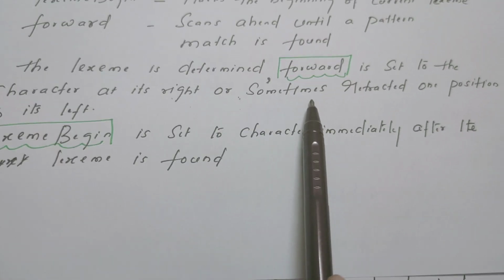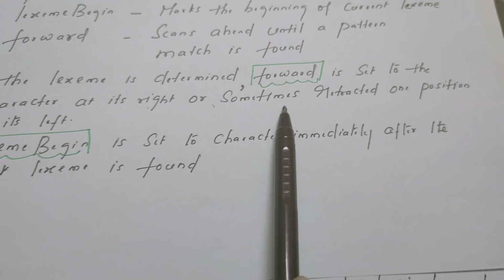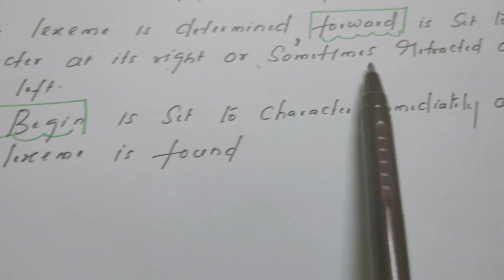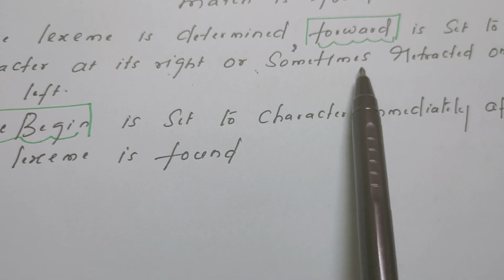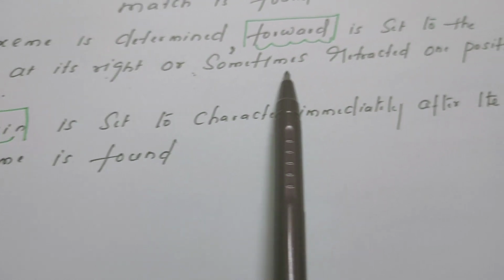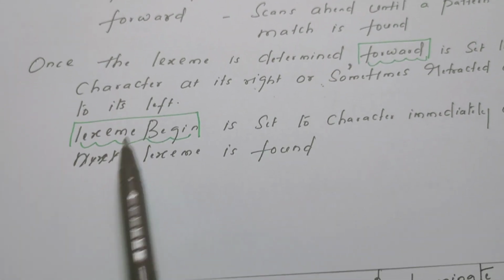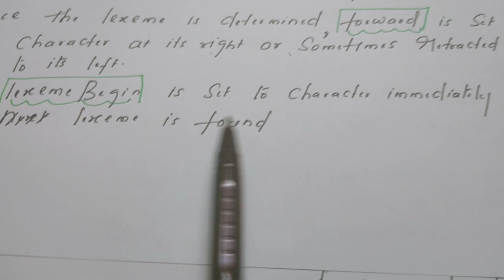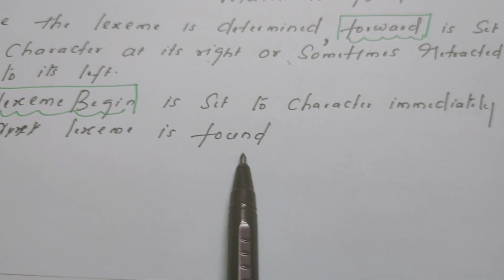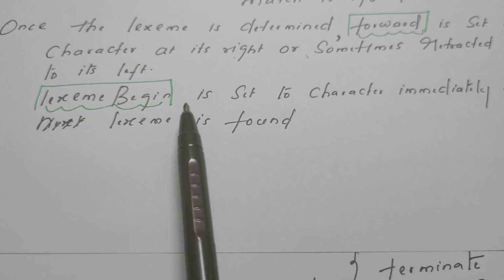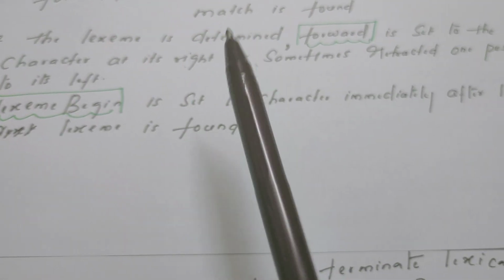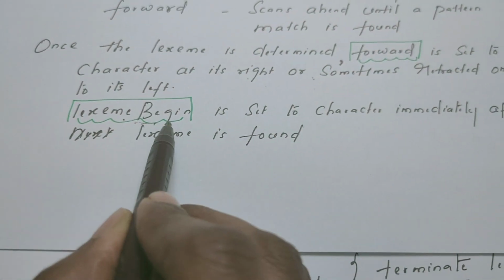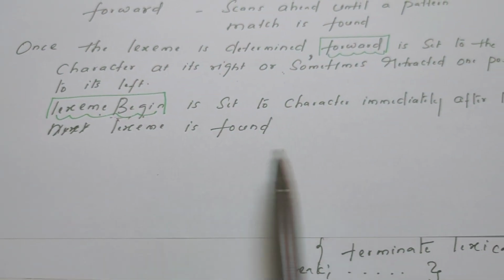Suppose there is no blank space between the lexemes, and it reads one character ahead, and that character is not part of that particular lexeme, the forward pointer retracts back. lexemeBegin is always set to the character immediately after the lexeme is found. Once the lexeme is found, it will be pointing to the character next to the lexeme. So in simple words I can say the lexemeBegin pointer reads from one lexeme to another lexeme.